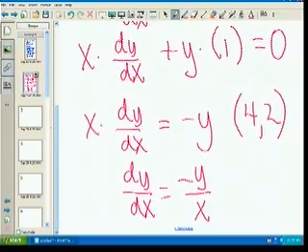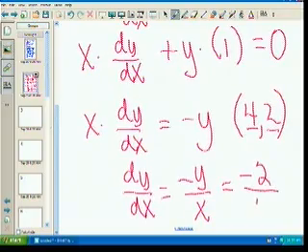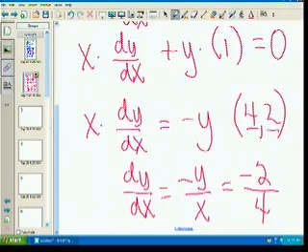Now, we have an answer in terms of y and x, so we plug in both coordinates of the point. So if we wanted to know the slope of the tangent at the point 4, 2, what would that be? Negative the y value over the x value. Is that right? Yes. Negative 1/2.